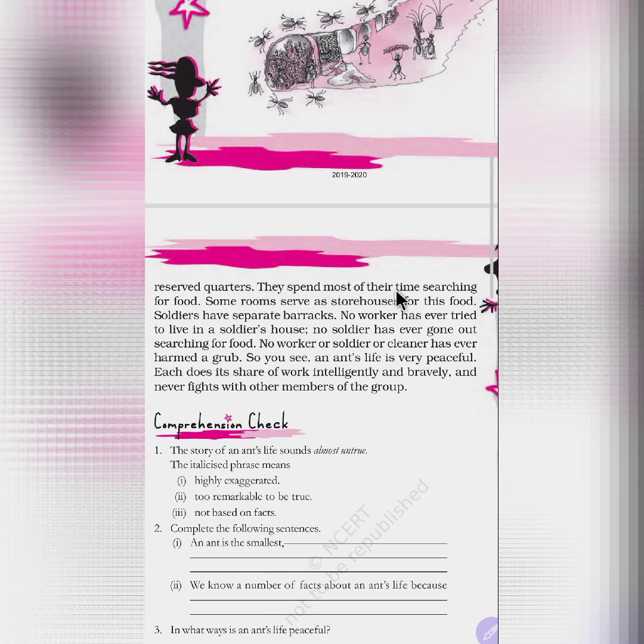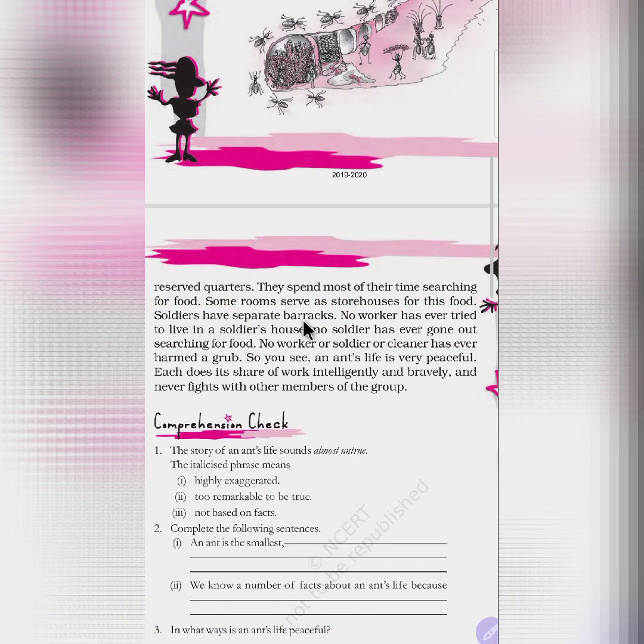They spend most of their time searching for food. Some rooms serve as storehouses for this food. As we can see the godowns in the cities to store the food, same in the ants' life, they have also storehouses where they store food.